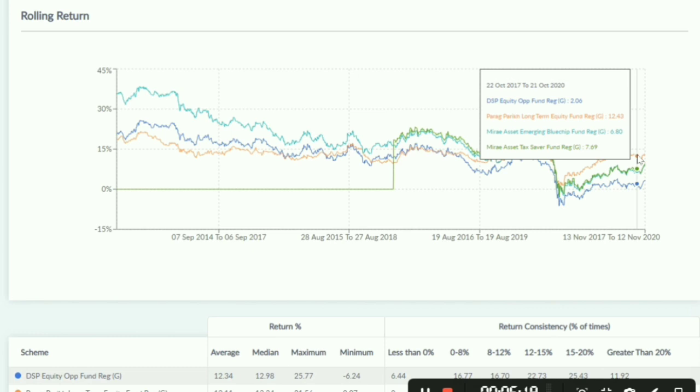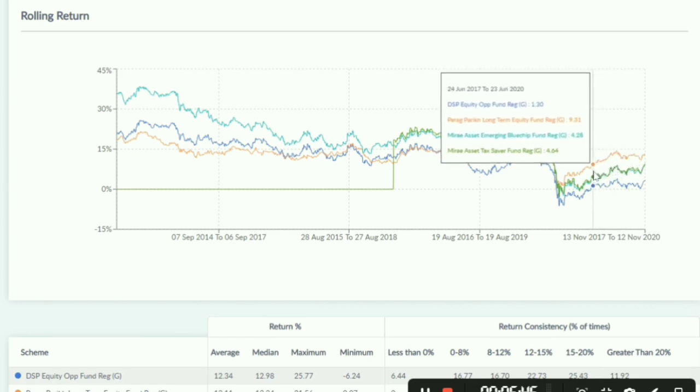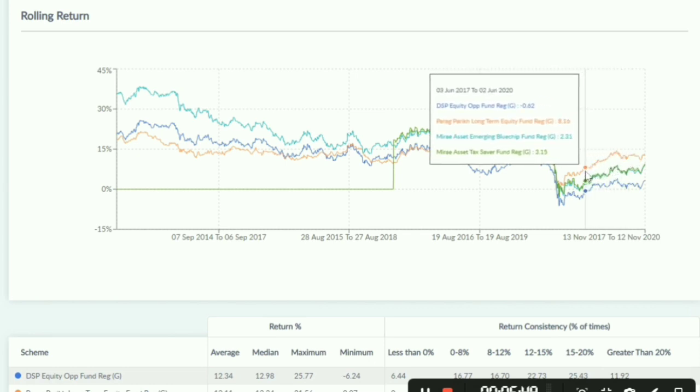But Mirae Asset Tax Saver is fully invested in India, and among the other funds it has given very good returns, while DSP Equity Opportunities has given 2-3% in the last 3 years. You can check all the data points here. 1%, 2% negative.